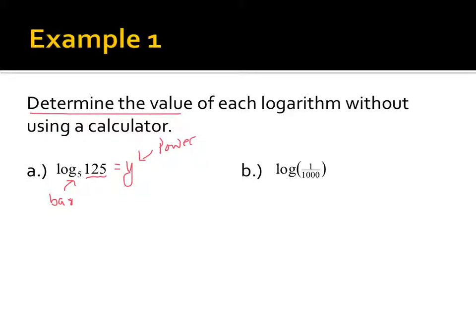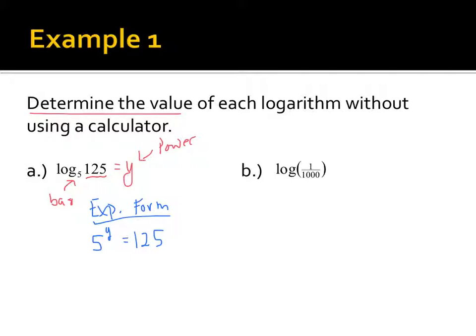So what I do is I translate, the way we did last time. I put it in exponential form. Let me write that down to remind you. In exponential form, you would say, okay, let's take the base, 5, raise it to the power of y, and I want this to be equal to 125. Now, we've solved these before. In fact, these are the first videos that we did. Remember that what we did is we wrote 125 as a power.